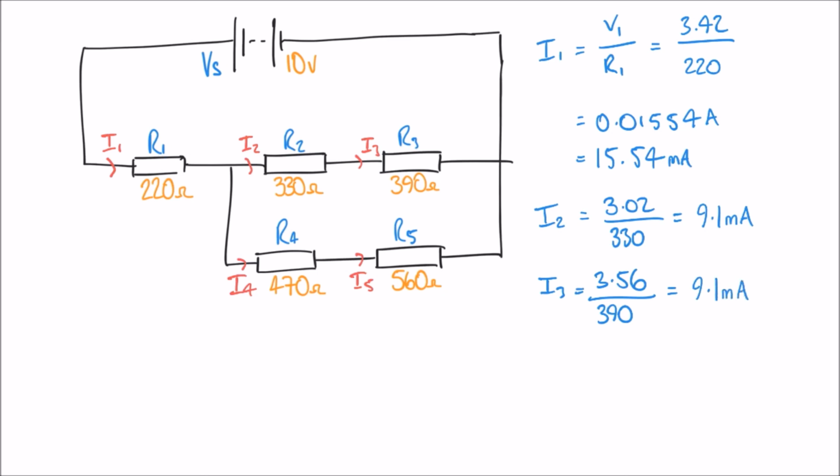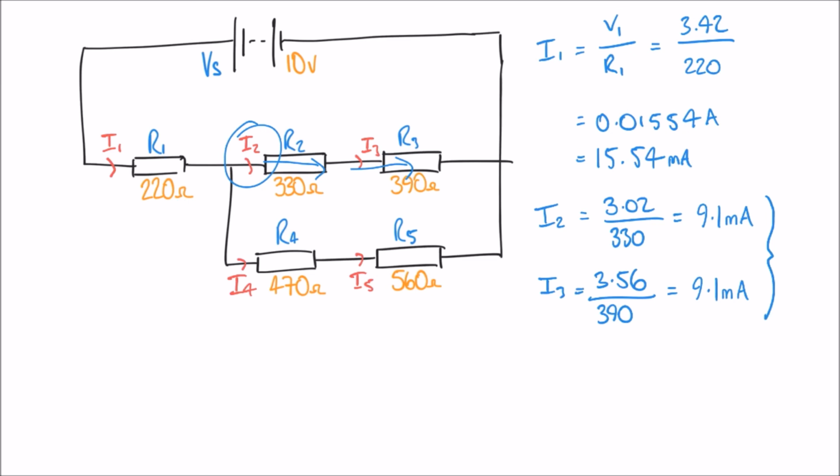Now, notice a similarity here between these two currents. The reason is that we would expect them to be the same. I2 is the current that flows through R2 and then continues to flow through R3. So I would expect those two currents to be the same, but in this case the maths, the Ohm's law, proves it in this instance.